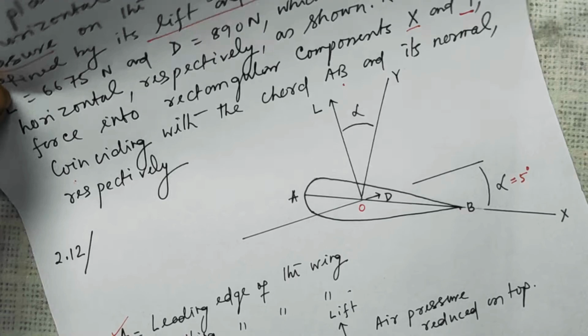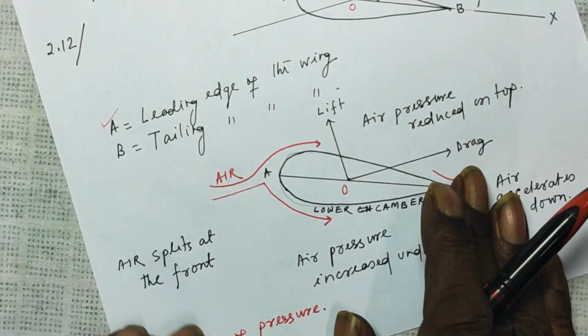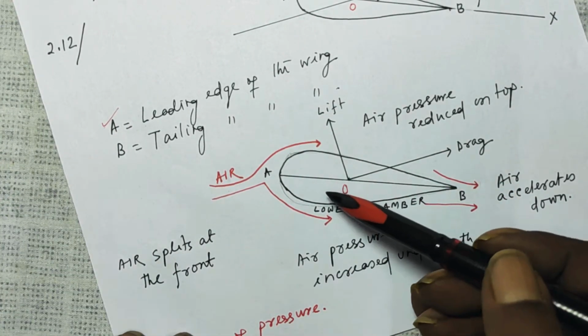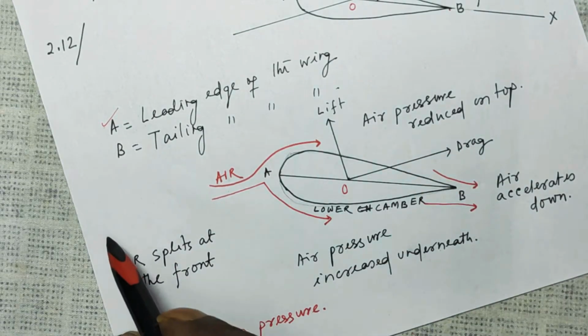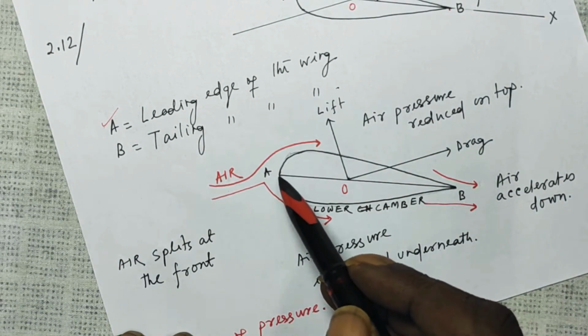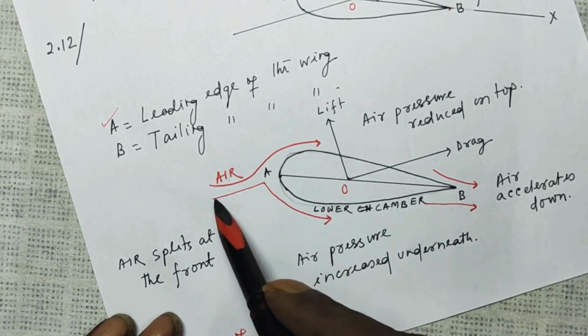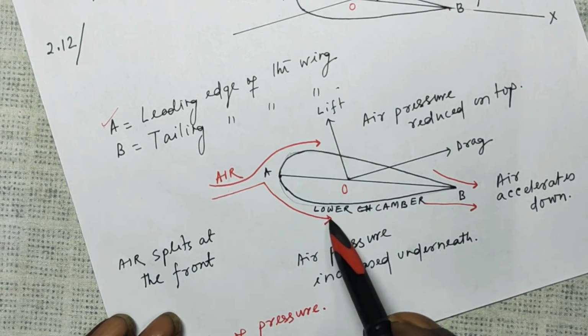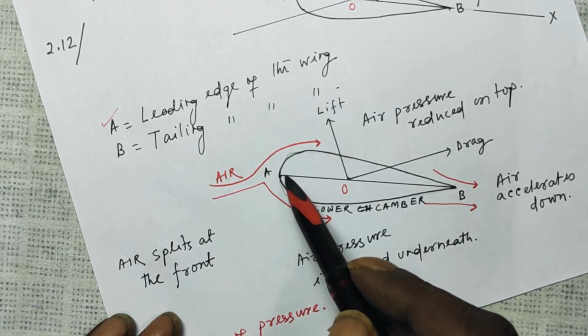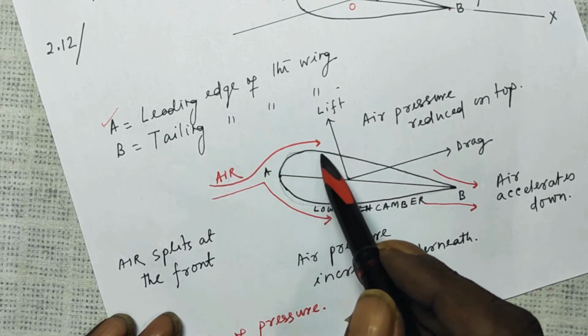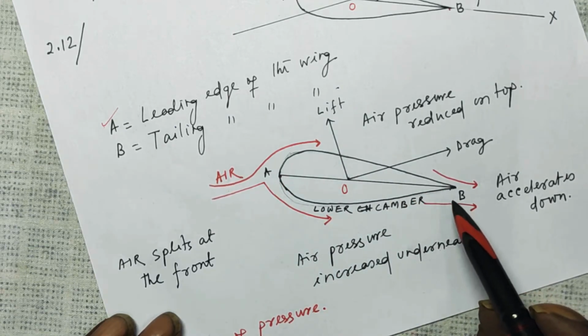Now look at this. As it is moving forward, the air splits at the front end. A part of the air moves above and a part of the air moves below. This part is called the upper camber.